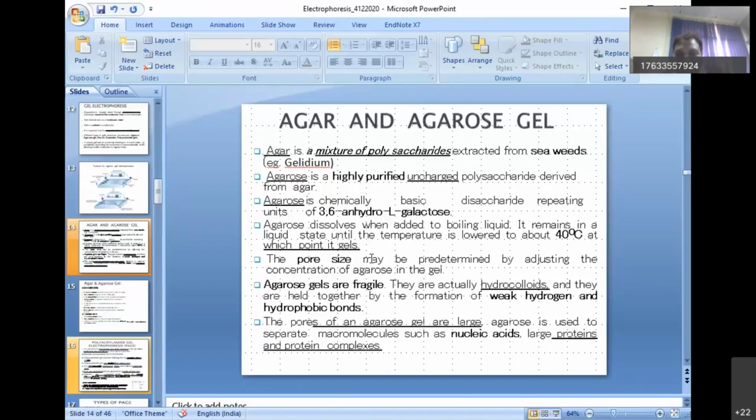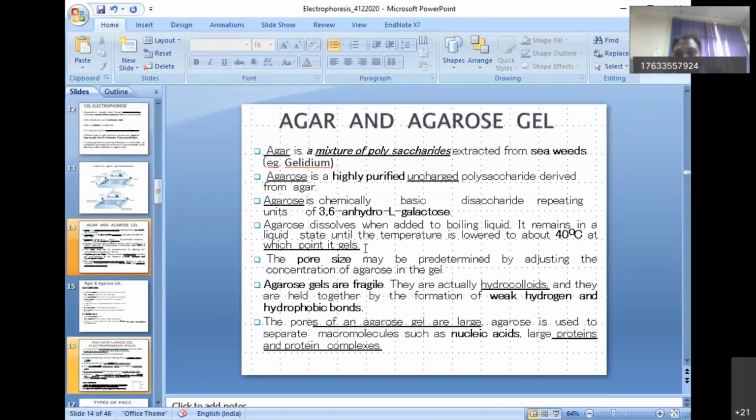So when you want to make a gel, just take the agarose and add the buffer. Basically we use the buffer for making the gel, and warm it, and it will be in liquid form. Add it in a cassette, and add your comb, and just leave it.